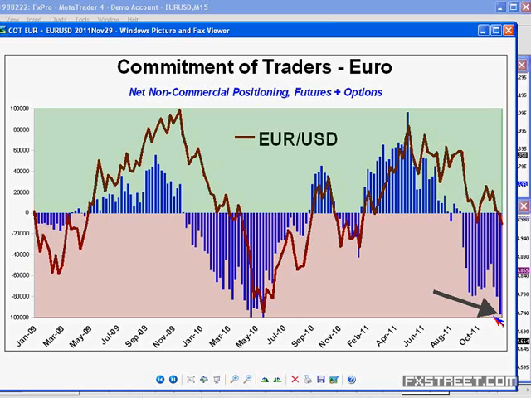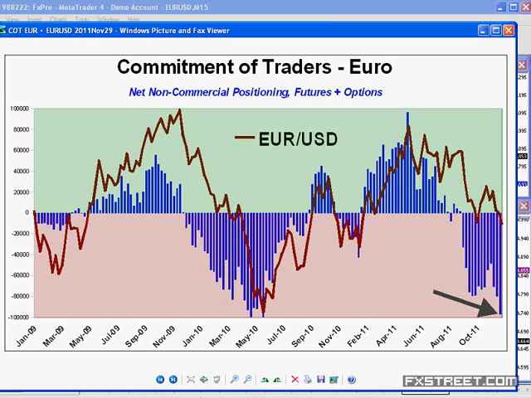If you look at the futures plus options contracts, the number of euro longs versus euro shorts, there are nearly 100,000 more euro shorts than euro longs. So one conclusion you can draw from this latest report, based on the positioning we've seen over the past nearly 3 years, is that the market is very heavily net short the euro.